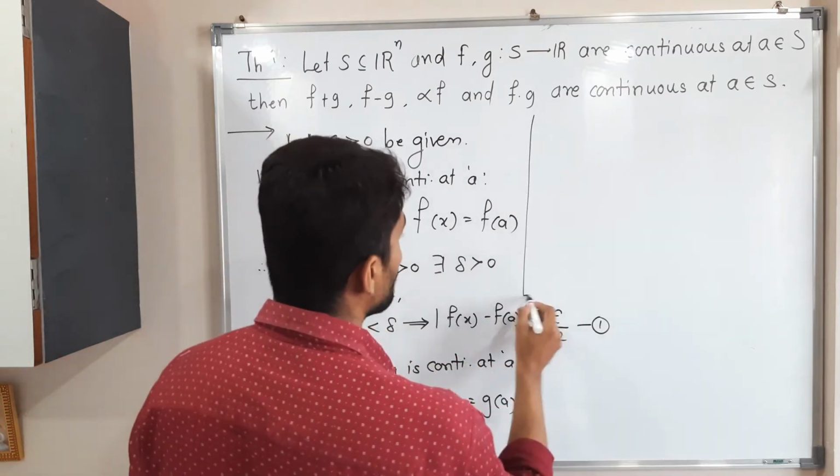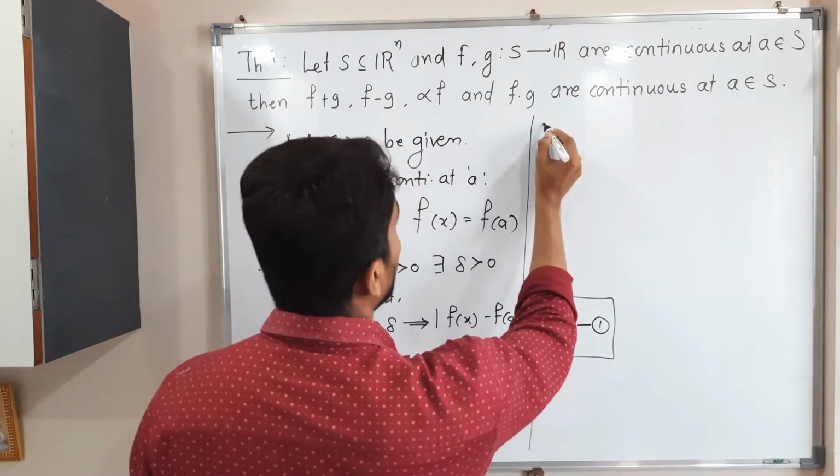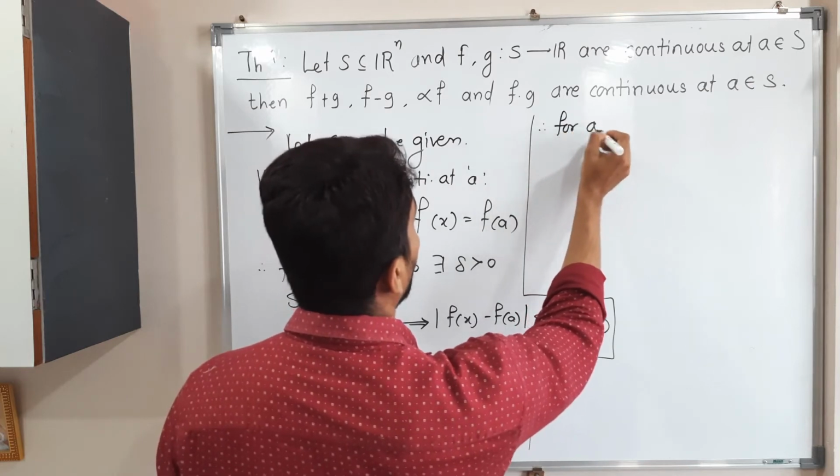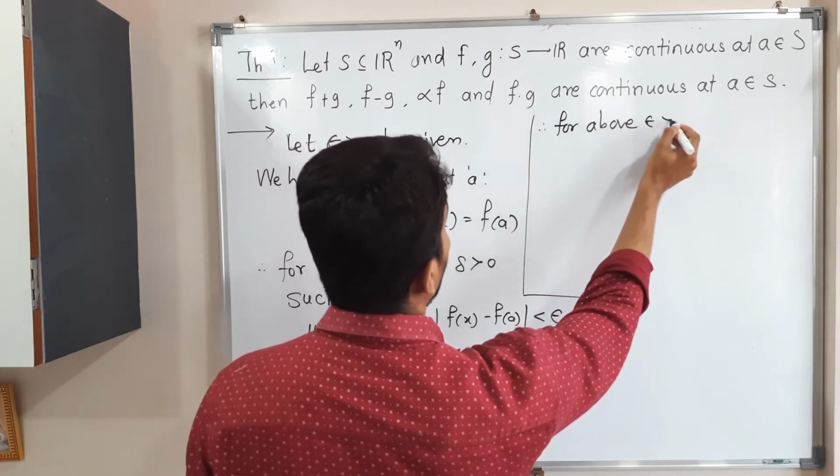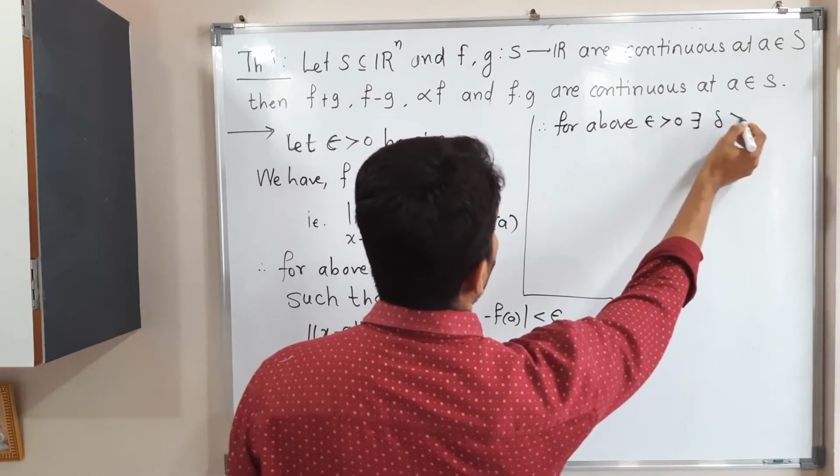Therefore, for above epsilon greater than 0, there exists delta greater than 0.